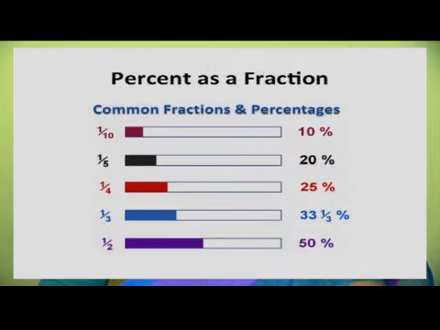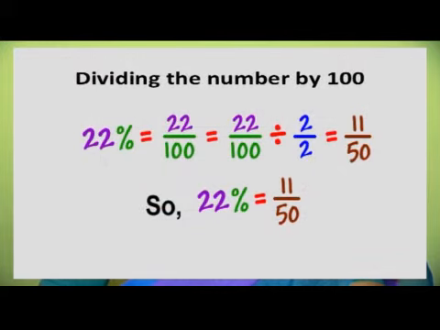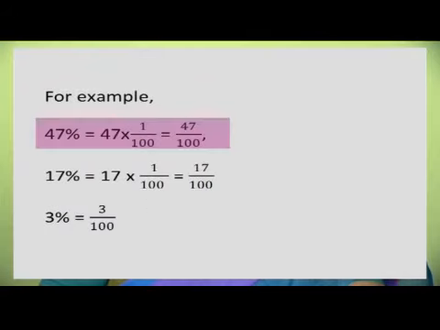Conversely, to write a percent as a fraction, we drop the percent sign, multiply the number by 1/100 or divide the number by 100 and simplify it. For example, 47% may be written as 47 × 1/100, which is equal to 47/100.